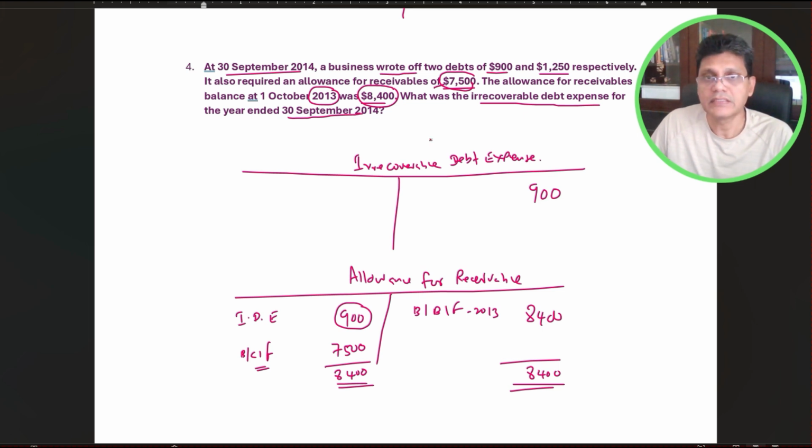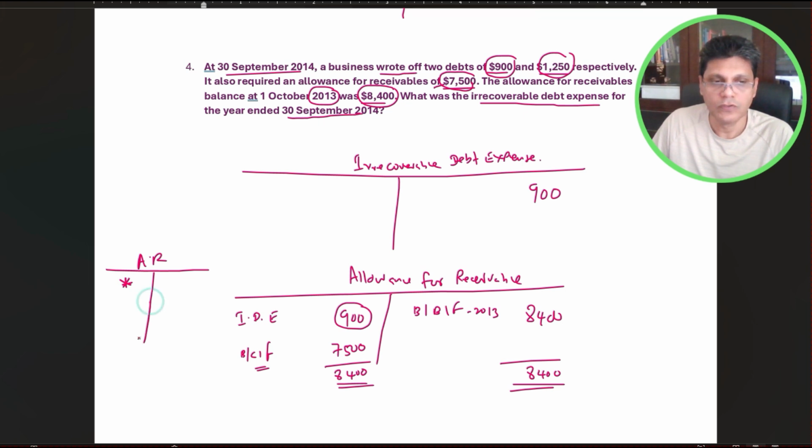Apart from that, they are saying the business wrote off two debts, 900 and 1,250. So when you write off, what is the double entry basically? So you need to credit the receivable account, the debtors account. For example, let's say you have an accounts receivable account, it will usually be a debit balance. So when you write off, you need to credit the accounts receivable.